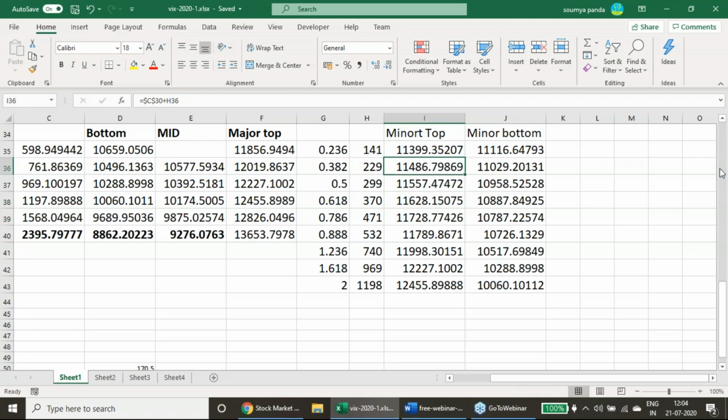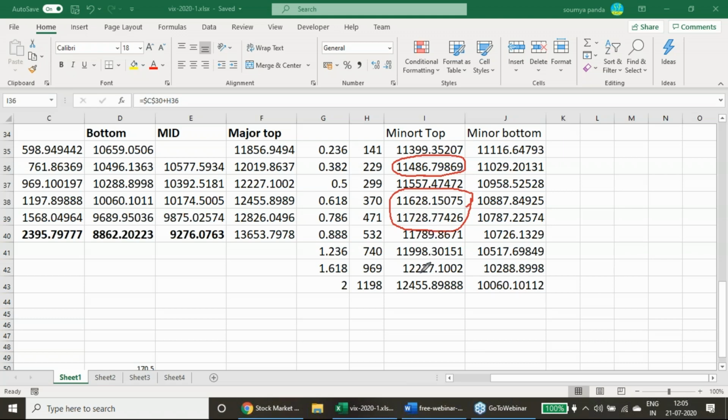The first confirmation of a bigger move you can get is once the Nifty crosses 11,487. This will set up a bigger up move, and this bigger up move will find hurdles at 11,628 to 728. These hurdles are very important.